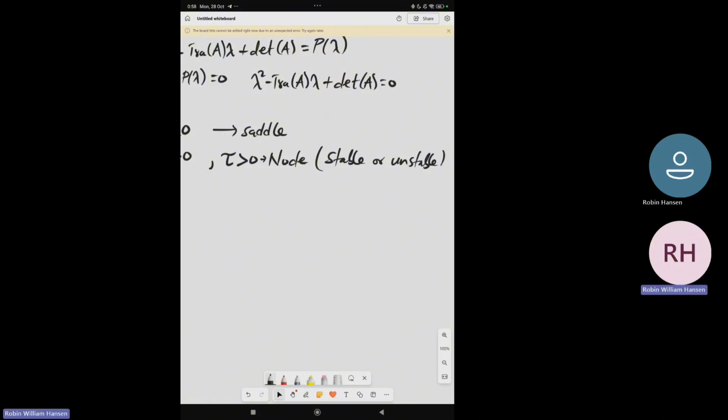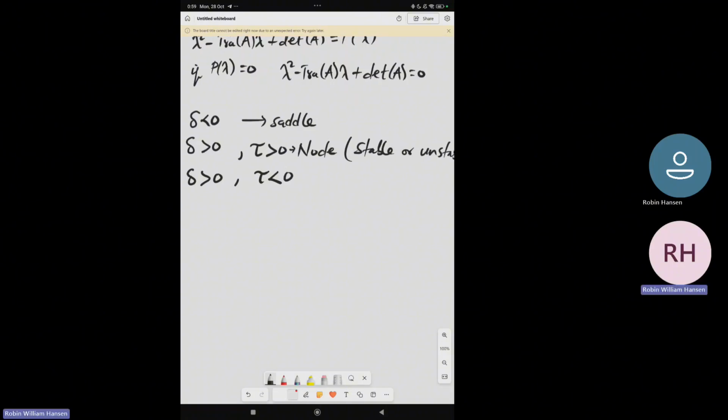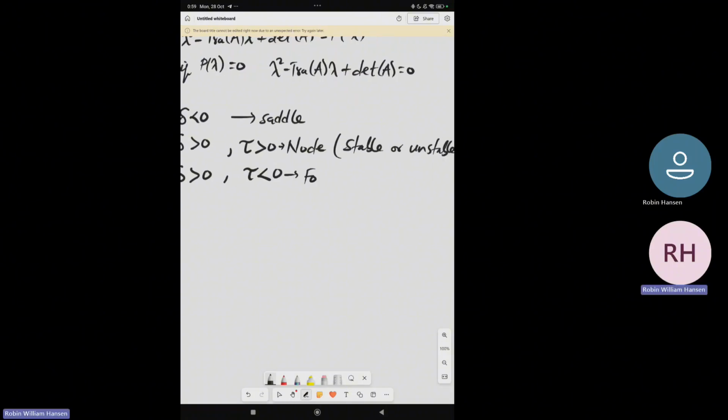If our determinant is greater than 0 and our trace is less than 0, then we have a focus, which is also either stable or unstable.